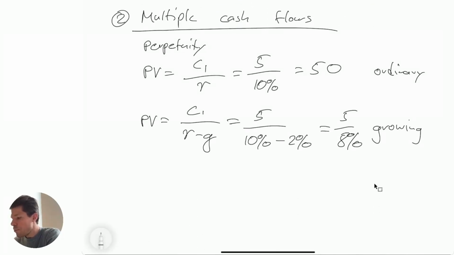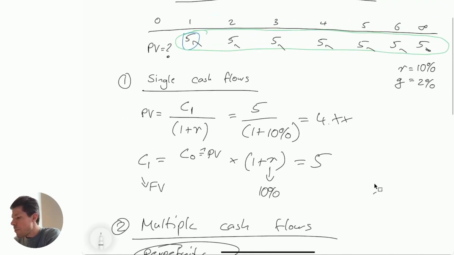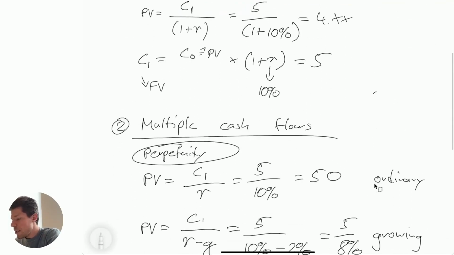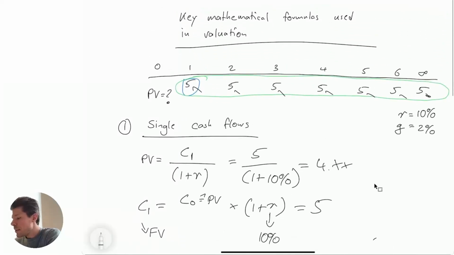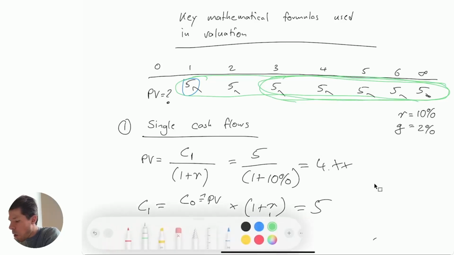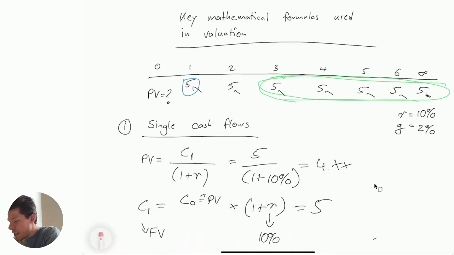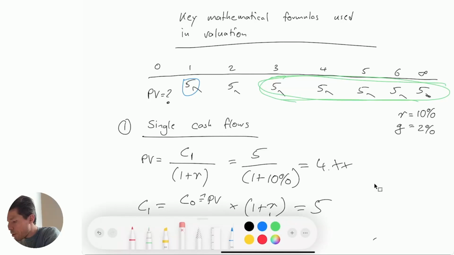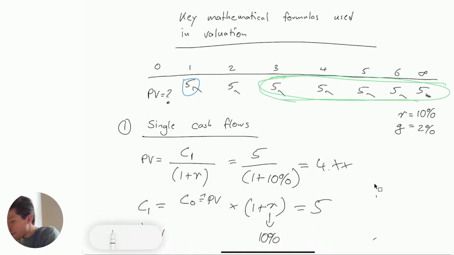This is called the perpetuity formula. Very important, the cash flow remains the same, does not change, and what we assume is the cash flow goes on forever. We could also use the same formula starting not in year 1 but in year 3. What we would then do is calculate with the same formula the present value.